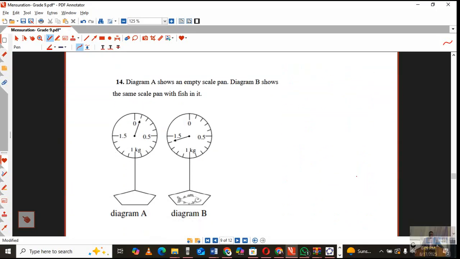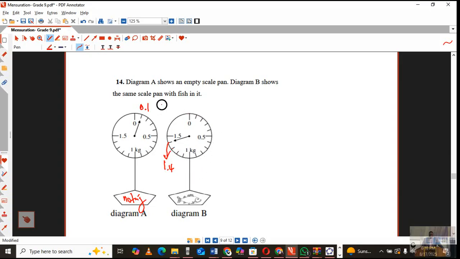Right, we have got question 14. Now, the diagram shows an empty scale, but you can see this is not, it has to be calibrated. It is not starting at 0, but it's really at 0.1 when there's nothing in here. So whatever you're going to find here, which is going to be 1.4.